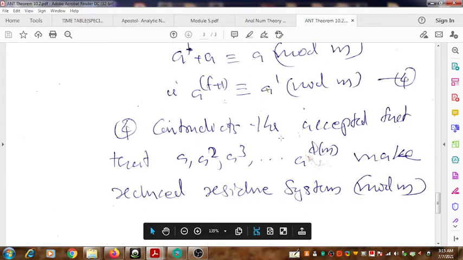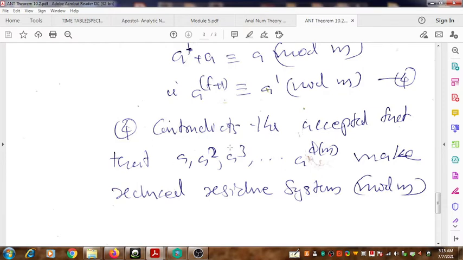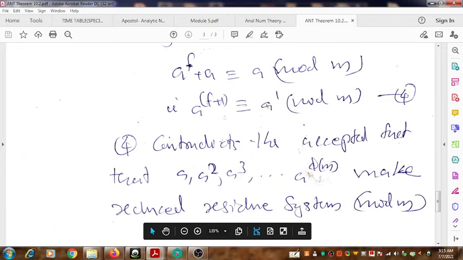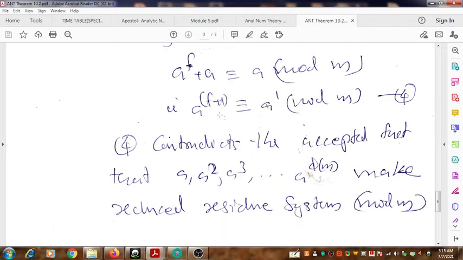Now the statement 4 contradicts the accepted fact that a, a square, a cube, etc., a raised to phi m make a reduced residue system mod m. It's because, what does it mean?